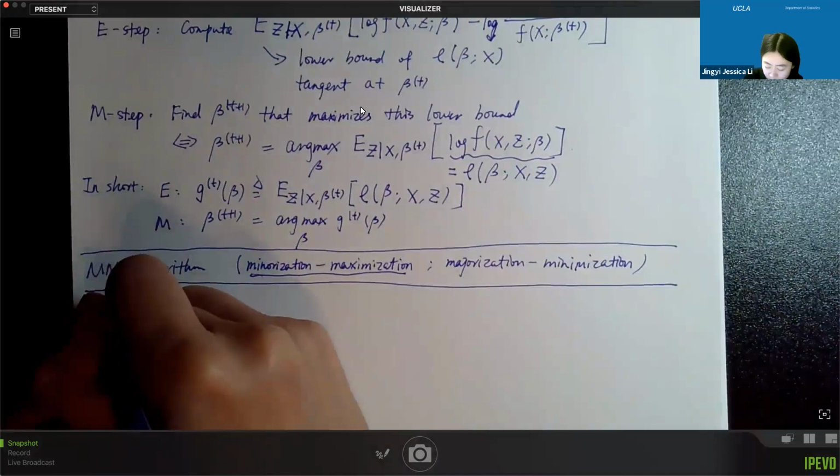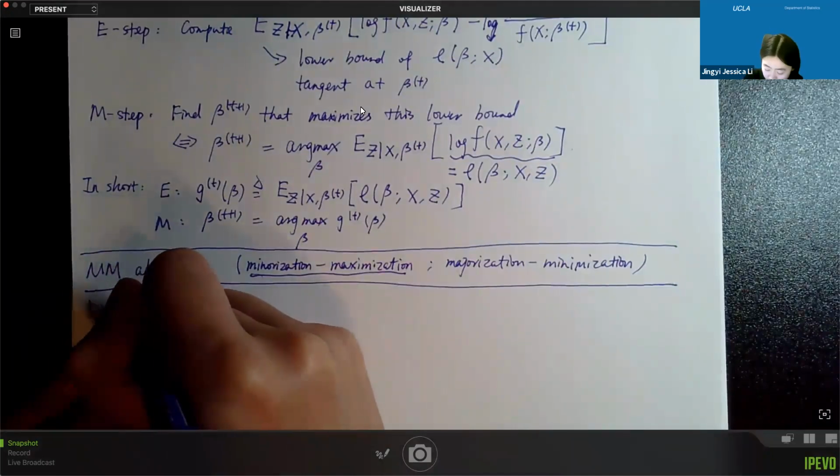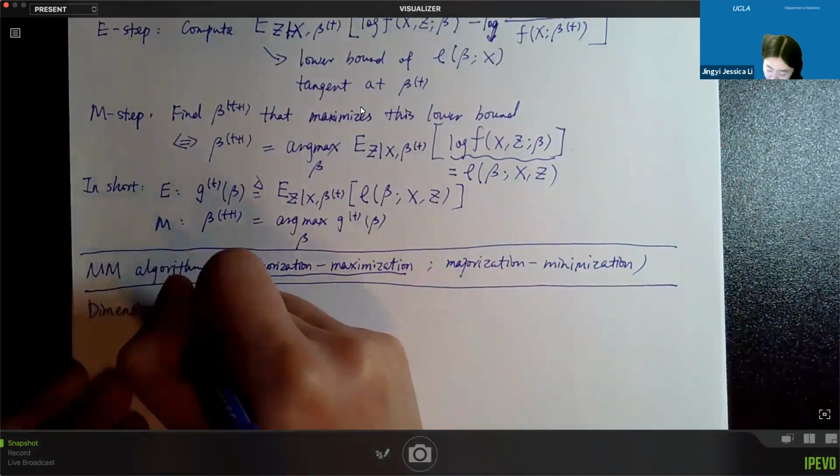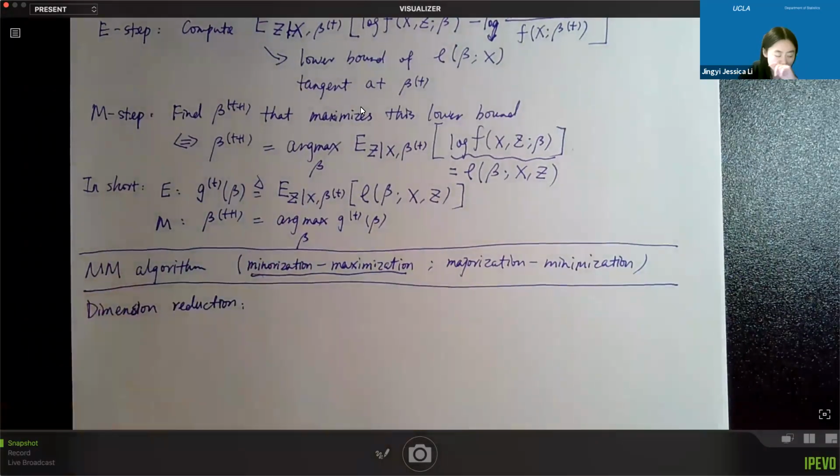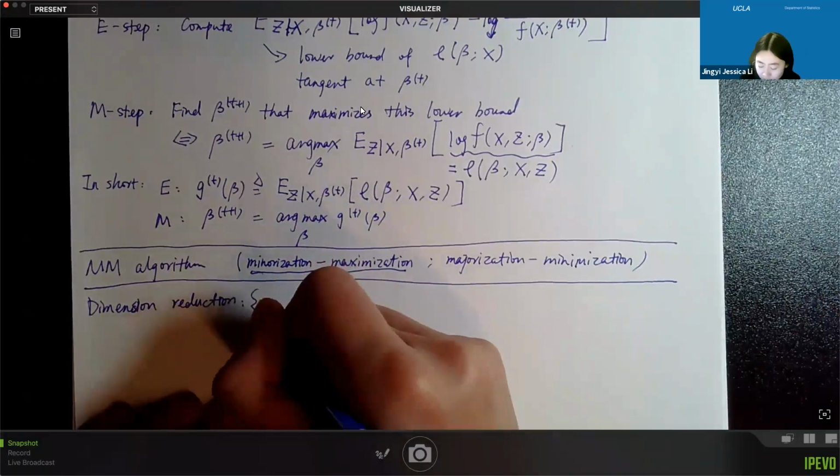So now let's move on to dimension reduction. This is another important technique for unsupervised learning. What does it do? In the dimension reduction problem, it's used for three purposes. One is for visualization.